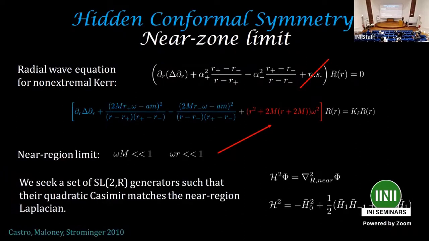So what do we do? We want to drop these non-singular terms. Historically, the authors of this work saw these terms, they really wanted to get those hypergeometric functions, and they said to themselves, well, I can drop these terms if I define this sort of near region limit.